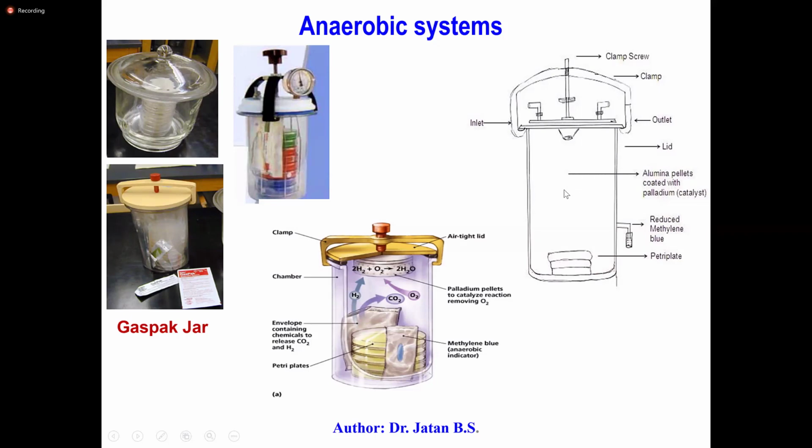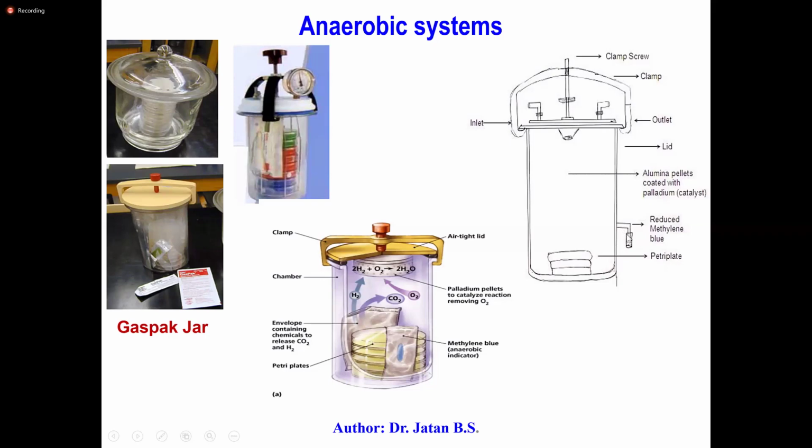Even you can keep some kind of alumina coated palladium catalyst which is going to absorb or consume the oxygen. Now when this container becomes free from oxygen, that means when this condition becomes anaerobic, there is methylene blue kept at the side.